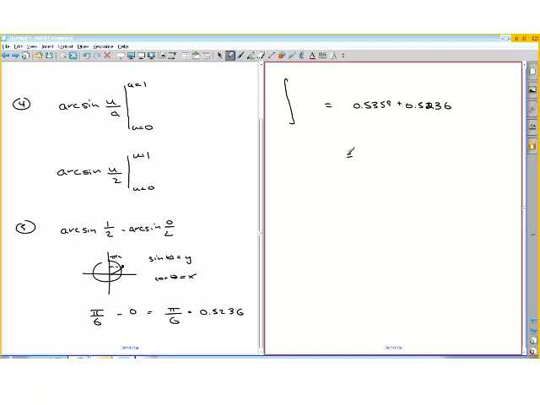It's amazing how close those numbers are, but it's just a coincidence. 0.5359 plus 0.5236 is 1.0595.